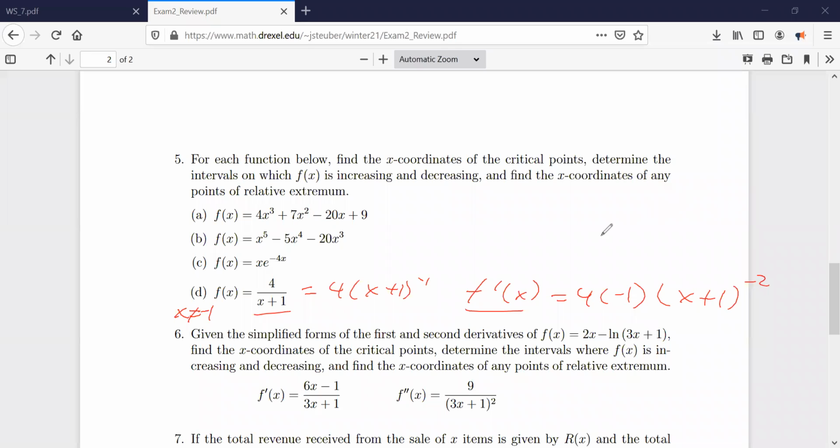That is the point where there's a discontinuity. It basically looks something like this.